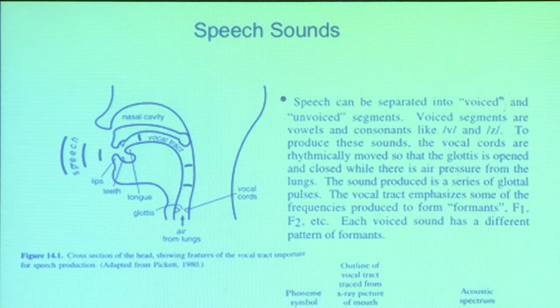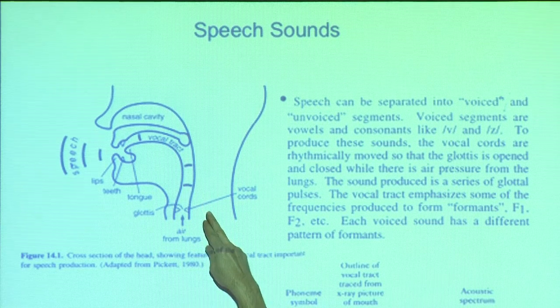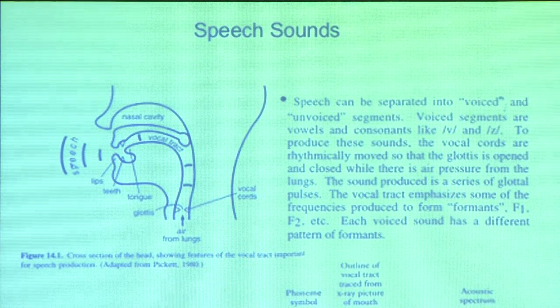Now as the air comes out from here, it moves those vocal cords back and forth, and they hit each other and open up, and they hit each other and open up. And as they do that, they interrupt the airflow and allow it to pass through, and they interrupt it, and allow it to pass through.